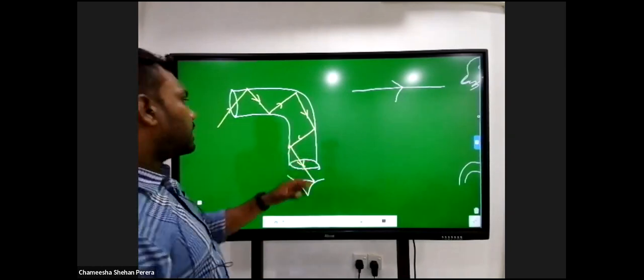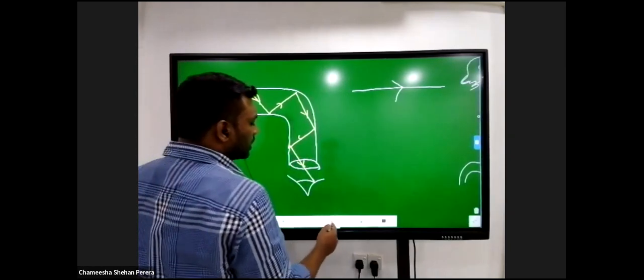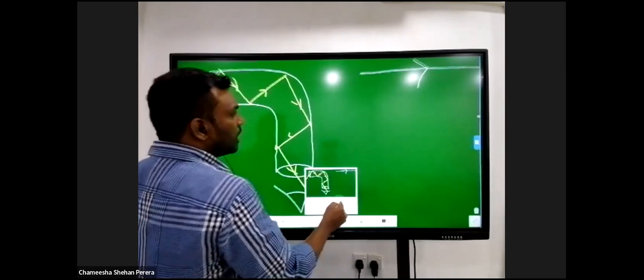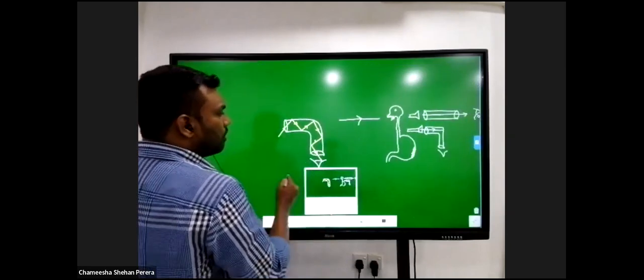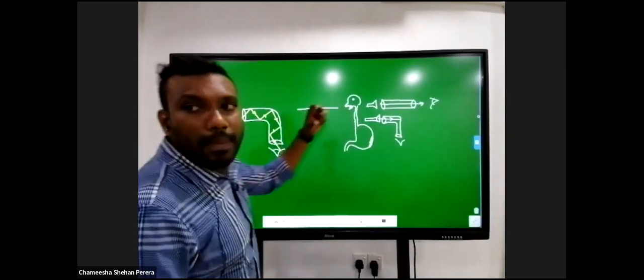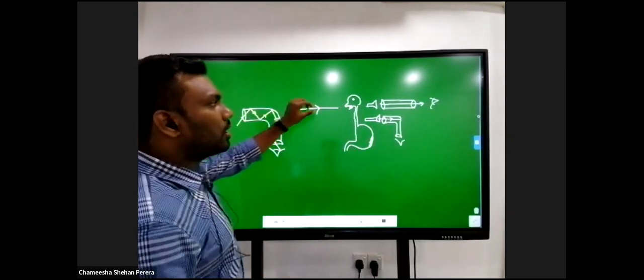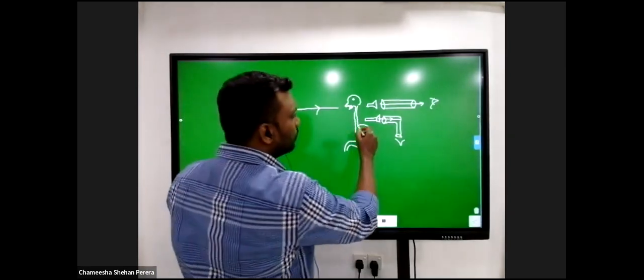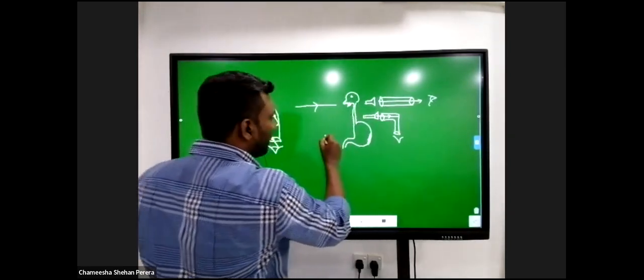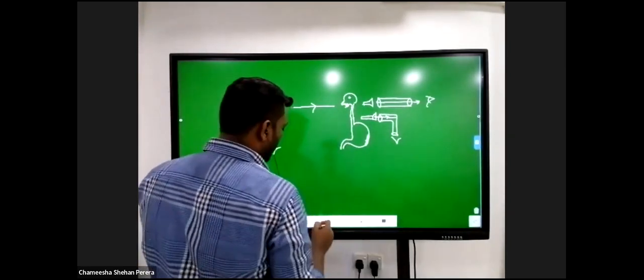So if you insert such an optic fiber into your stomach, it doesn't matter how much the pathway of the light bends, because of this total internal reflection, the required place could be illuminated with light, right?